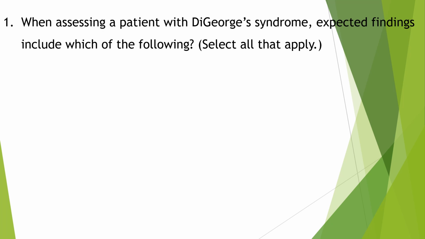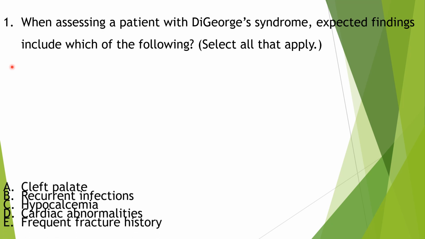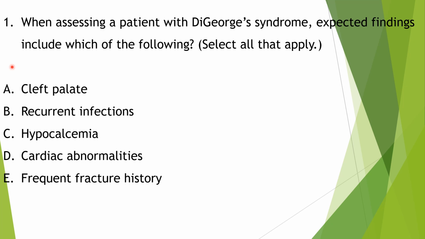First question, when assessing a patient with DiGeorge syndrome, expected findings include which of the following? Select all that apply. Cleft palate, recurrent infections, hypocalcemia, cardiac abnormalities, frequent fracture history.